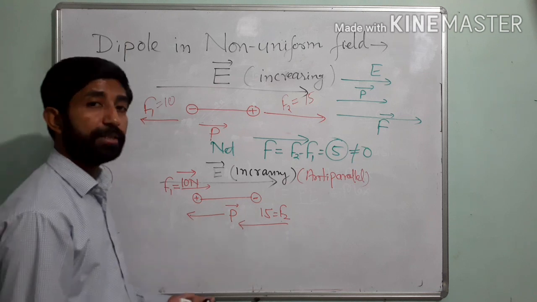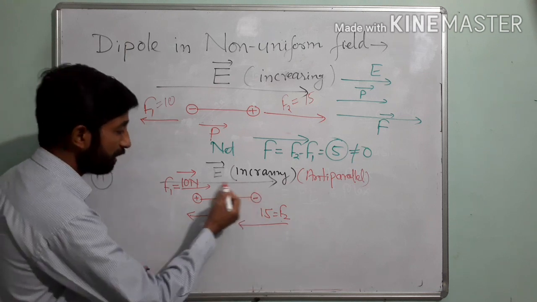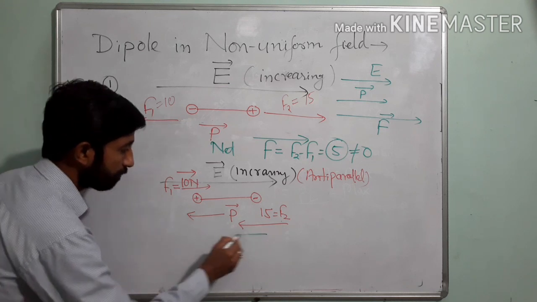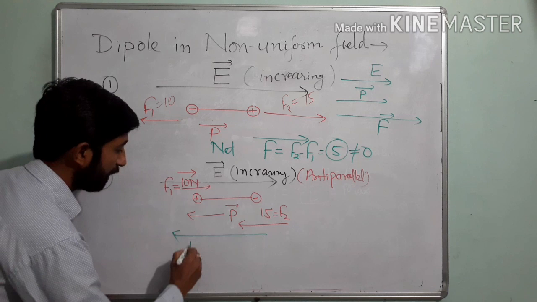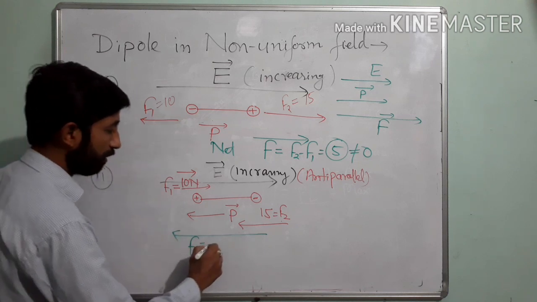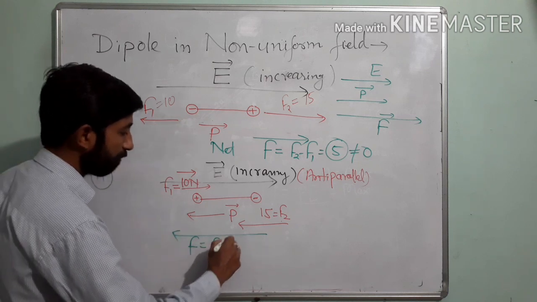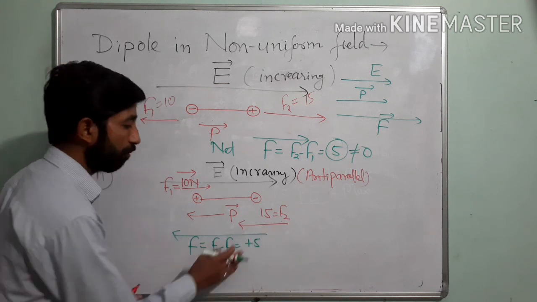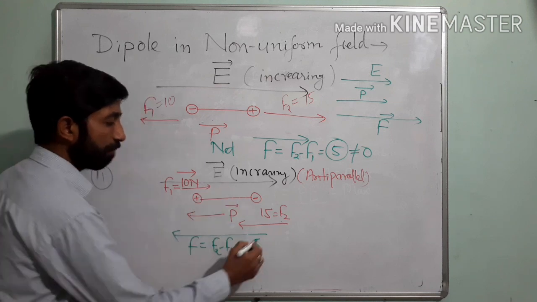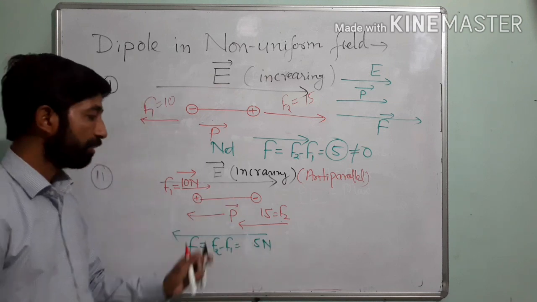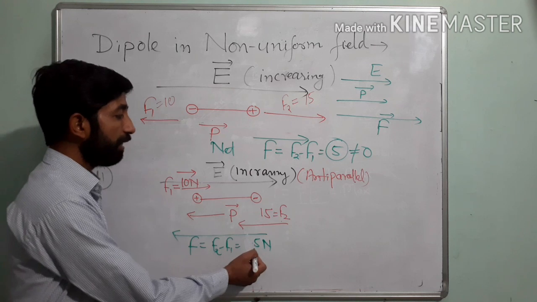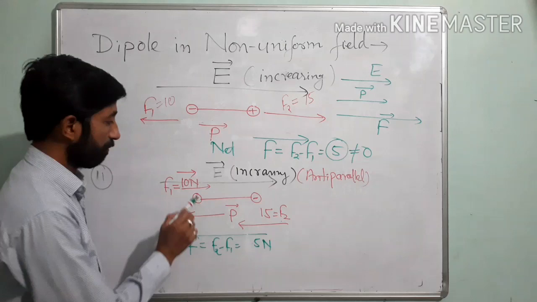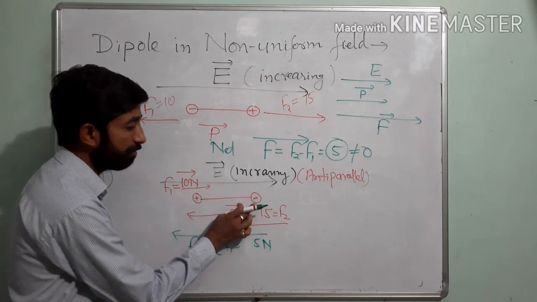So what will be the result? The net force on this entire system will be towards this way. F is again equal to F2 minus F1, plus or minus whichever direction you are comfortable with, but this is obviously non-zero, and this force will be opposite to the applied electric field, because the low force is dominated by the high force.